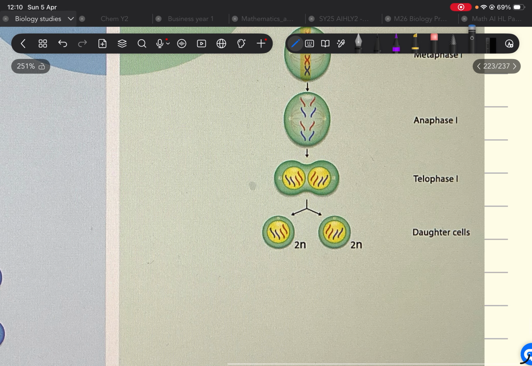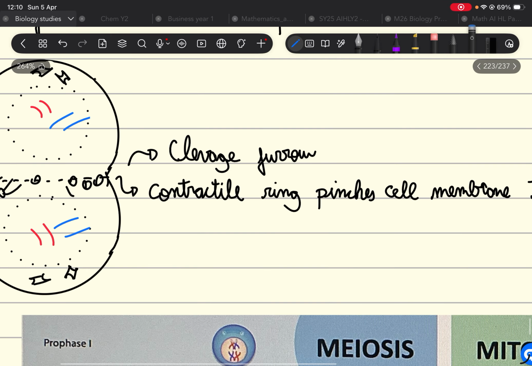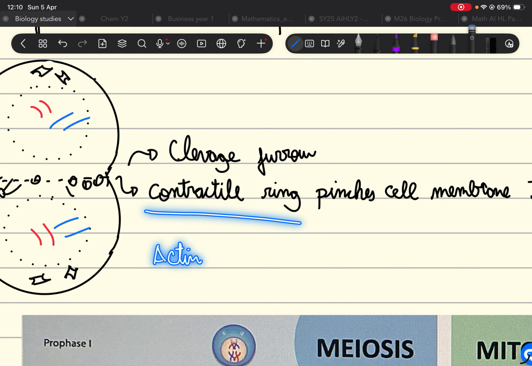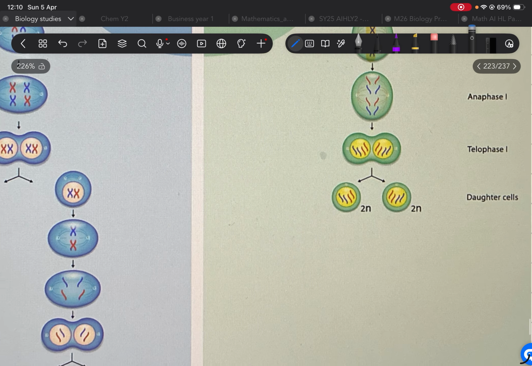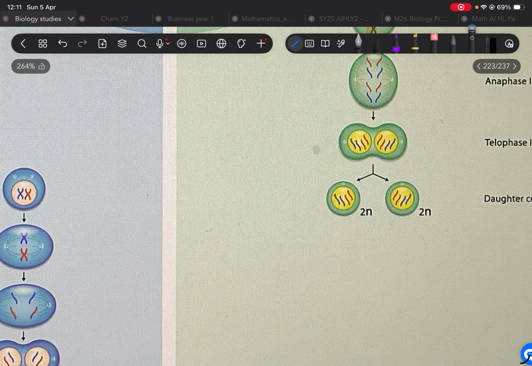And then we have cytokinesis, which splits the two daughter cells. And remember, in animals, we have the cleavage furrow made of this contractile ring, which is also made of actin and myosin. Actin and myosin, which is going to cut, right? We got the bread, and then you make two breads.